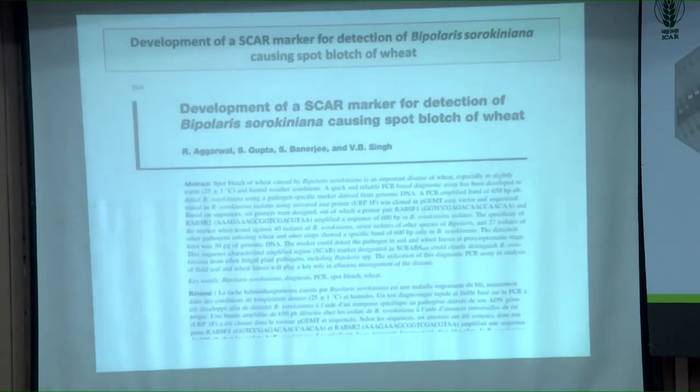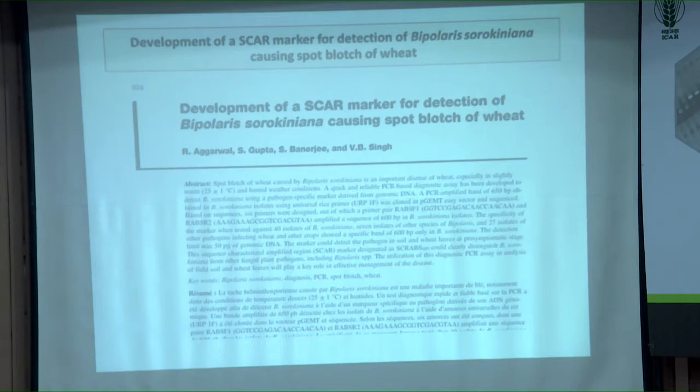This is one example from our laboratory where a SCAR marker was developed for the detection of Bipolaris sorokiniana, causing spot blotch disease of wheat. Spot blotch is nowadays one of the emerging diseases, and this pathogen can survive in seed and can attack seedlings also.